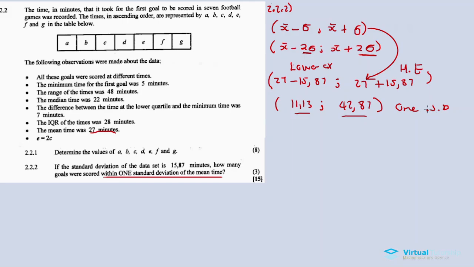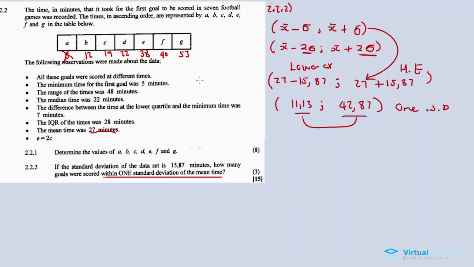Now, we want to know how many goals were scored within 1 standard deviation. So you must go back to your data set. Remember we calculated A, B, C all the way up to G, the values are here now. And we want to know how many goals are within this range, the 1 standard deviation. So 5 is out, because it is not between 11.13 and 42.87.